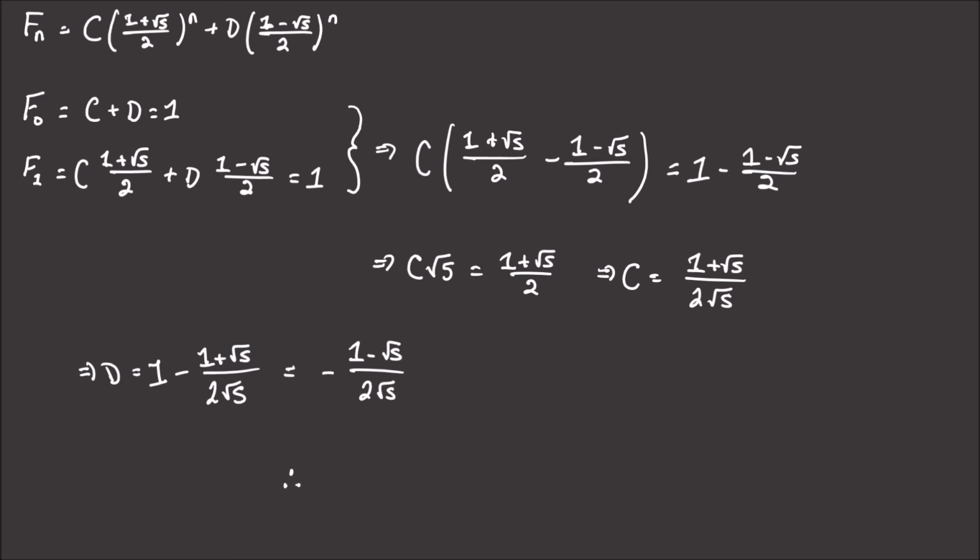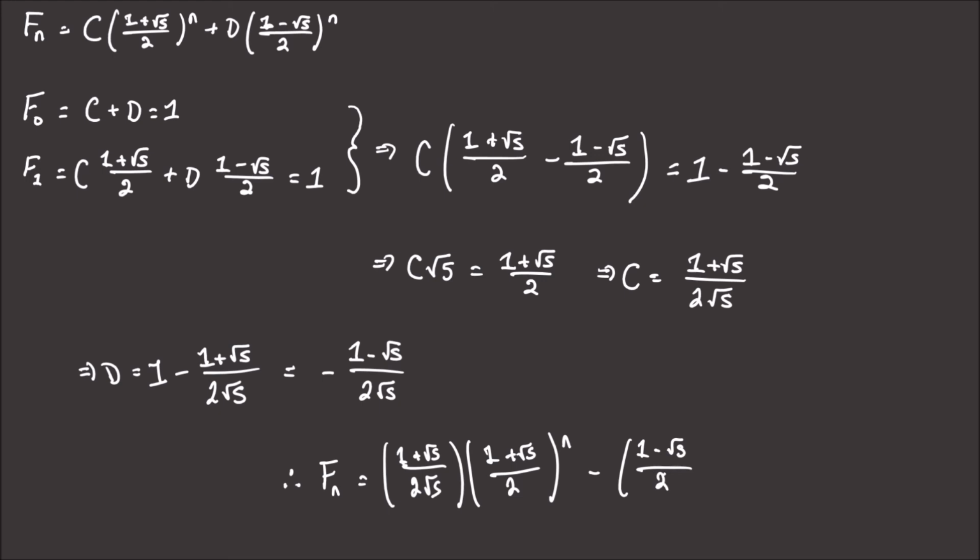Therefore, our formula for f sub n is 1 plus the square root of 5 all over 2 root 5, times (1 plus the square root of 5 all over 2) to the n, then minus 1 minus the square root of 5 all over 2 root 5, times (1 minus root 5 all over 2) to the n.